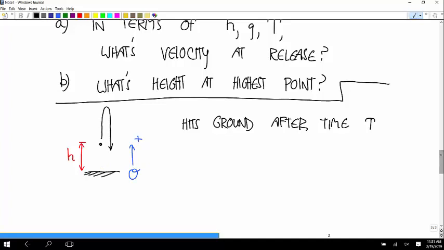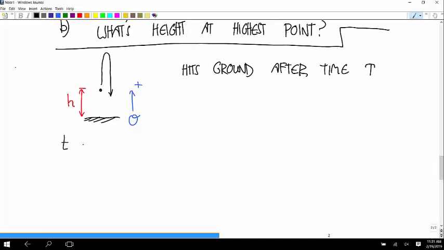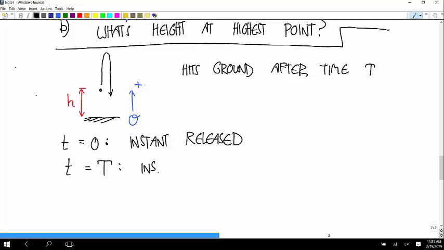And I'm going to choose my time equals 0 to be when it's released, so the instant it's released. And the time T, I'm going to call capital T, and that's the instant that it hits the ground.